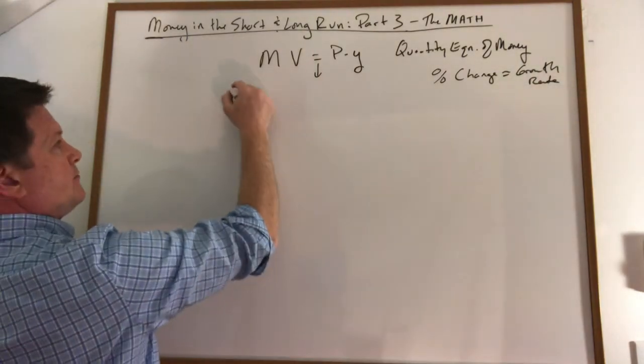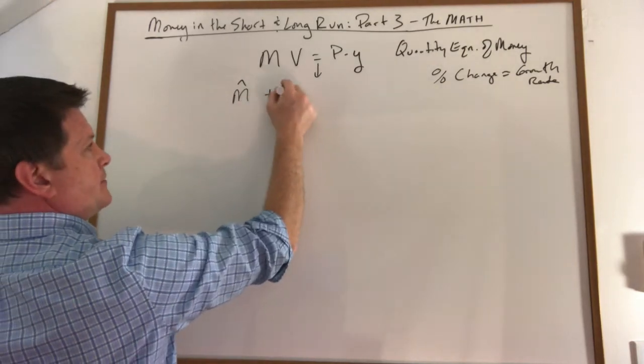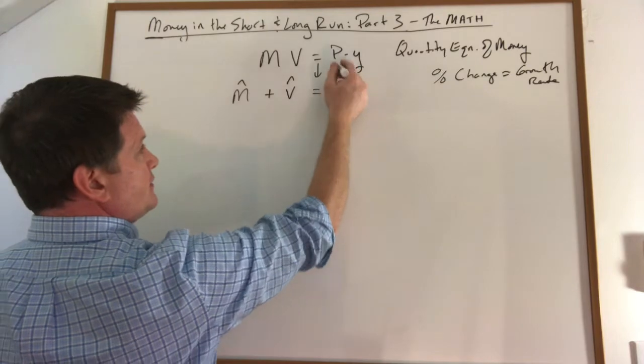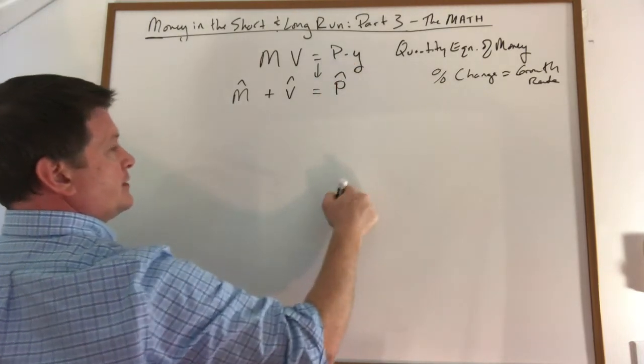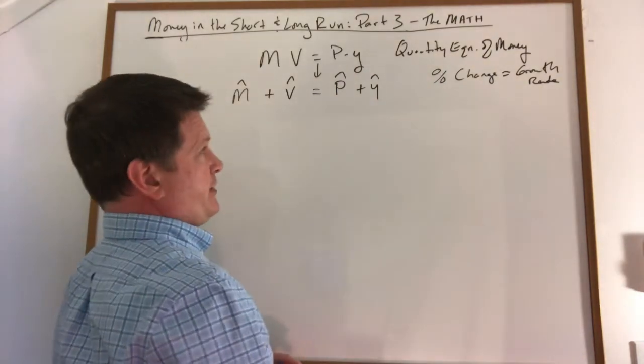It's very simple. This is the growth rate of the money supply. This is the growth rate or percentage change of velocity. This is the growth rate of the price level. And this is real GDP growth rate.